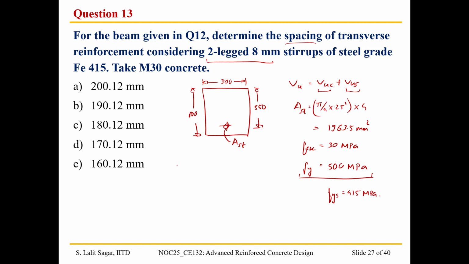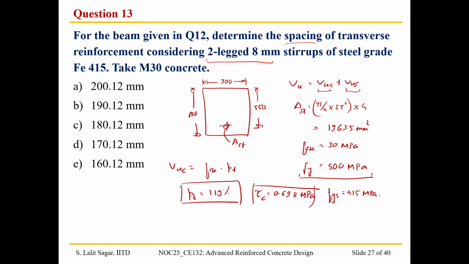In order to determine VUC, we need the value of FCK and PT. PT is the same as the previous one, that is 1.19%, and correspondingly tau C is 0.698 MPa, because the data is same from the previous problem, right?